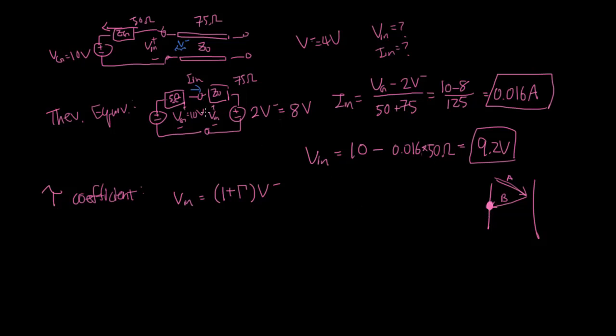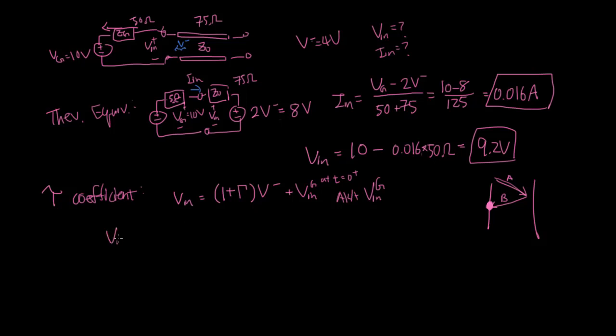So you also have to add the original voltage that was going in when the generator turned on. We'll call this V in from the generator, at t equals 0 plus, aka V in G.